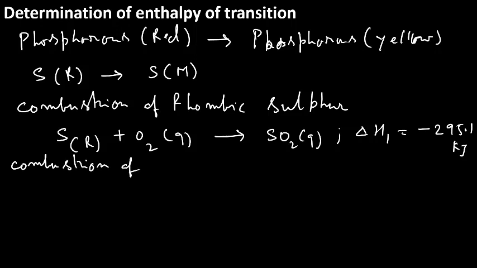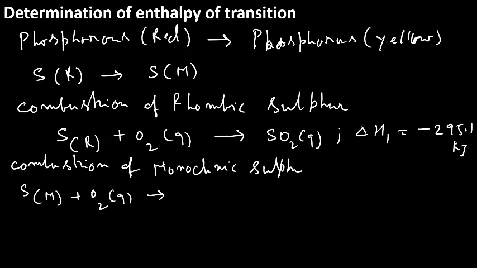Monoclinic sulfur plus oxygen gas gives SO2, and delta H2 is equal to minus 296.4 kilojoule. So this is equation number 1, and this is equation number 2.